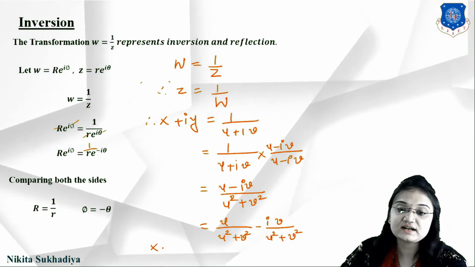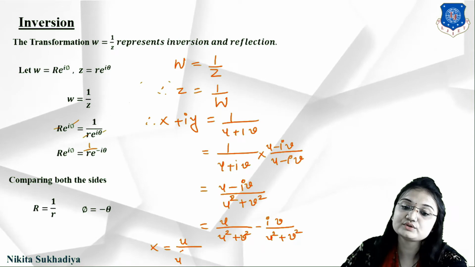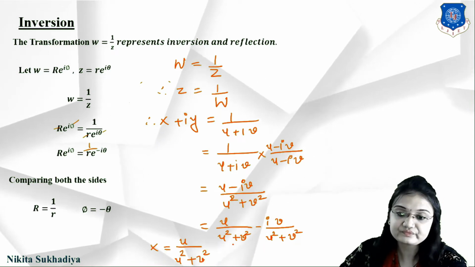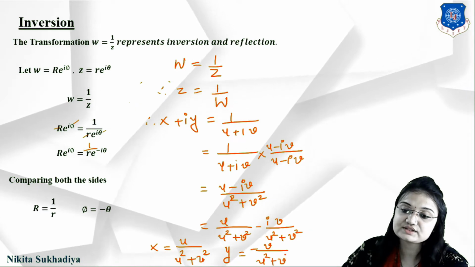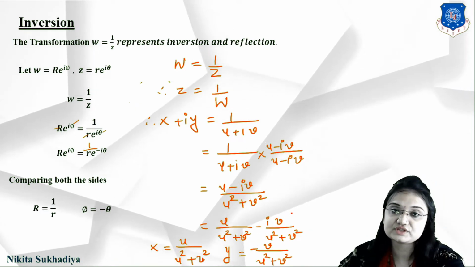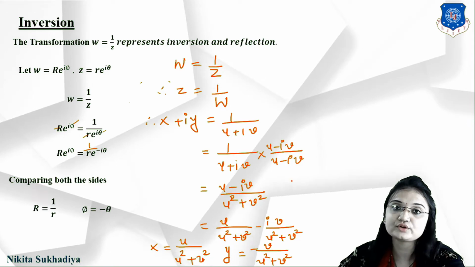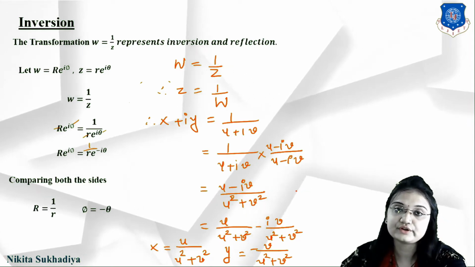So we can write x = u/(u² + v²) and y = -v/(u² + v²). With the help of this, we can easily find the point u and v of the W plane.